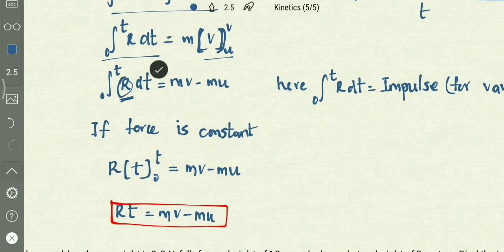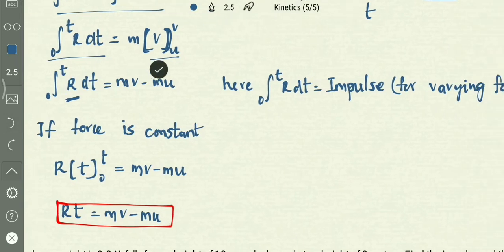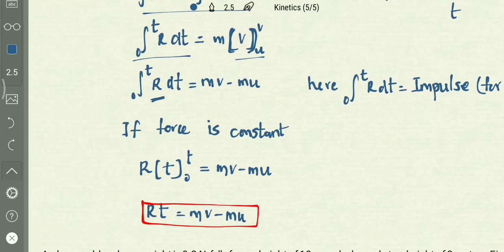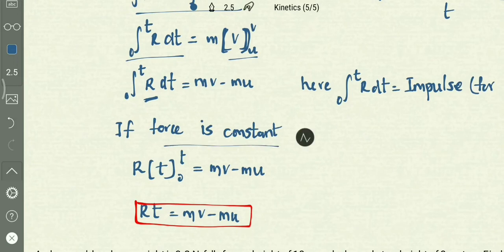Varying force we need to integrate, but if the force is constant, then R comes out of the integration, and integration of dt is t with limits 0 to t, and here it is m into v minus u, that is mv minus mu.